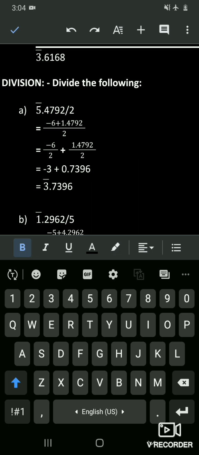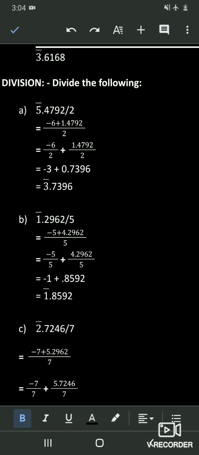So the numerator is simplified as minus 6 plus 1.4792. Because you are adding one term, that is minus 5 is increased to minus 6, so you are writing it as plus 1.4792.